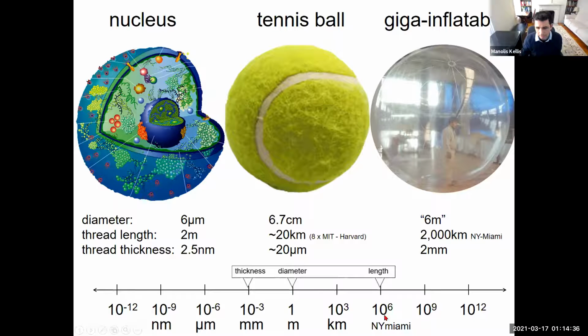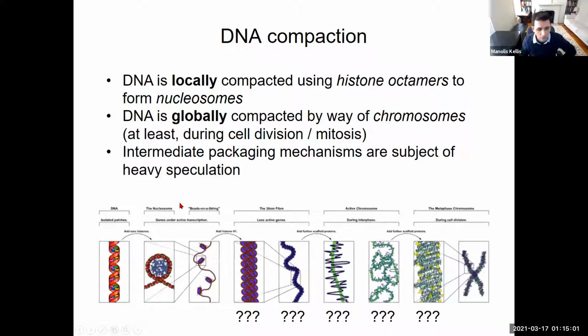This is like taking a fiber which is between New York and Miami, which is 10 to the 6, which is 1,000 kilometers between New York and Miami, and then fitting it within a 1 meter large ball with a fiber that has a diameter of 1 millimeter. So it's dramatic compaction. And all of that compaction is happening in stages in various organizational layers.